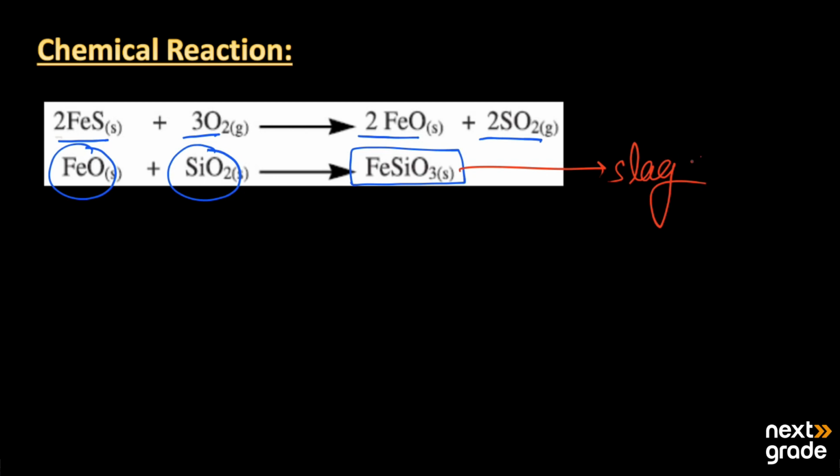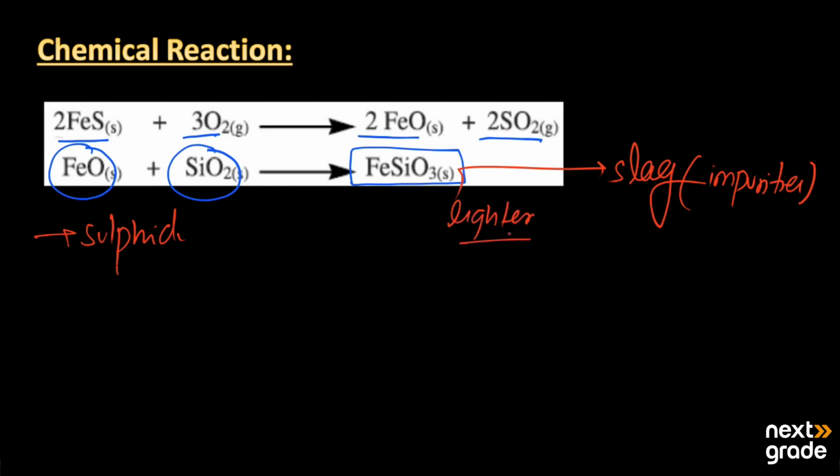It may act as the impurities present in the metal, as it is lighter than the molten sulfides of copper and iron, so it is removed as the upper layer of the surface.